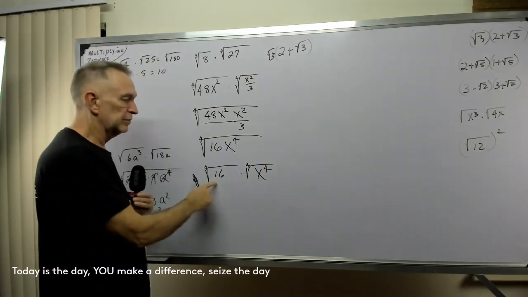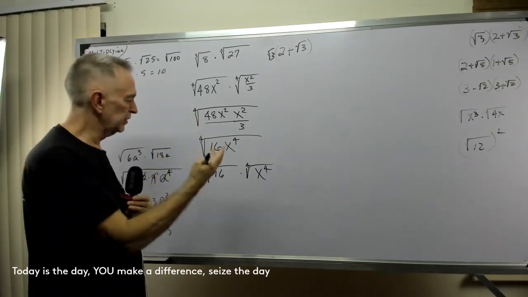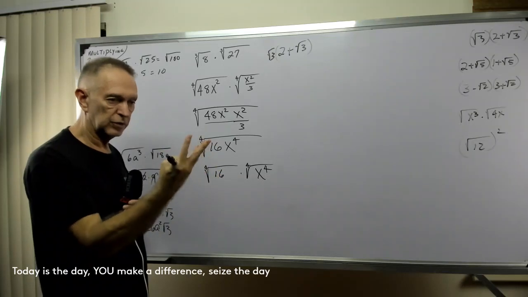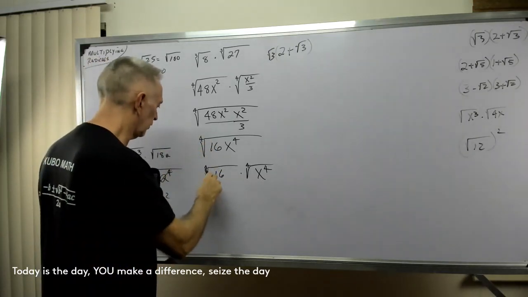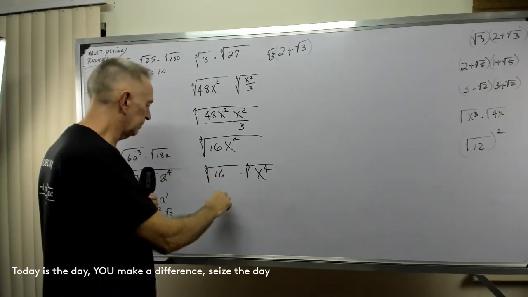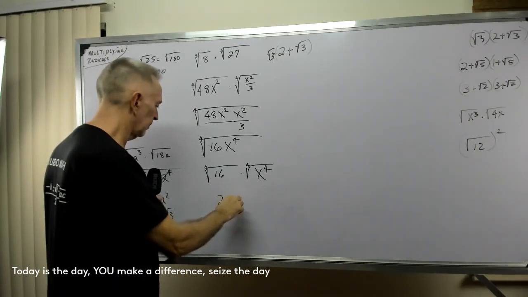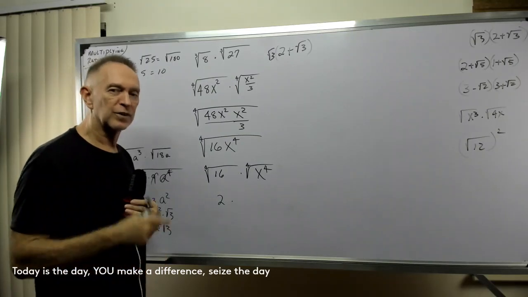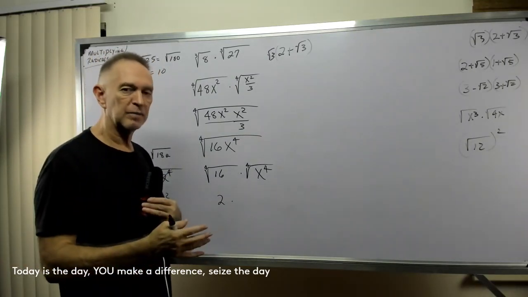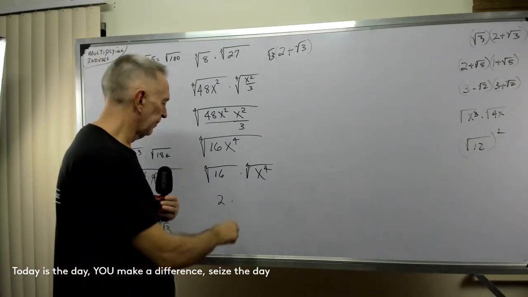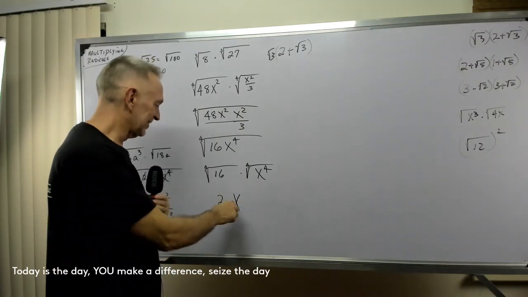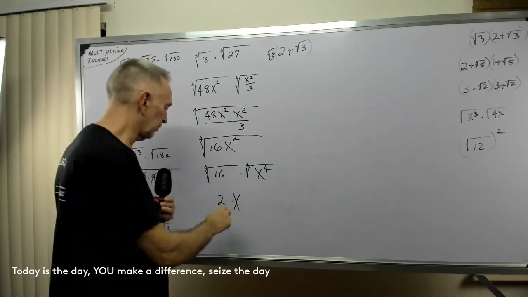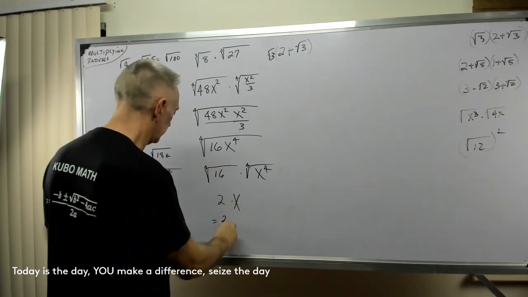What number times itself 4 times gives me 16? 2 times 2 is 4, times 2 is 8, times 2 is 16. So the fourth root of 16 is 2. The fourth root of x to the fourth, what number times itself 4 times gives me x to the fourth? x. x times x times x times x gives me x to the fourth. So all of this equals 2x.